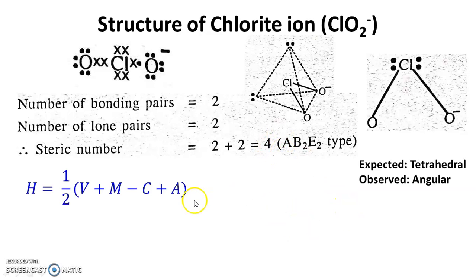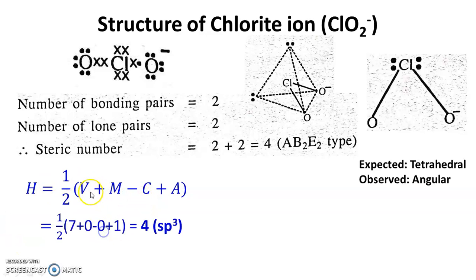Now the alternate method is H is equal to half V plus M minus C plus A. This alternate method is very simple. There is no need to know about the Lewis dot structure. Just by knowing the number of valence electrons of chlorine, the number of monovalent atoms attached to chlorine, and the positive and negative charges carried by the anion, we can find out the steric number, even the number of bond pairs and lone pairs.